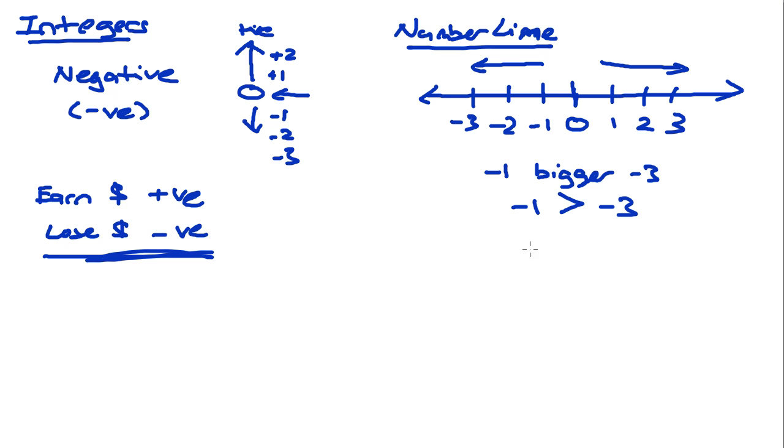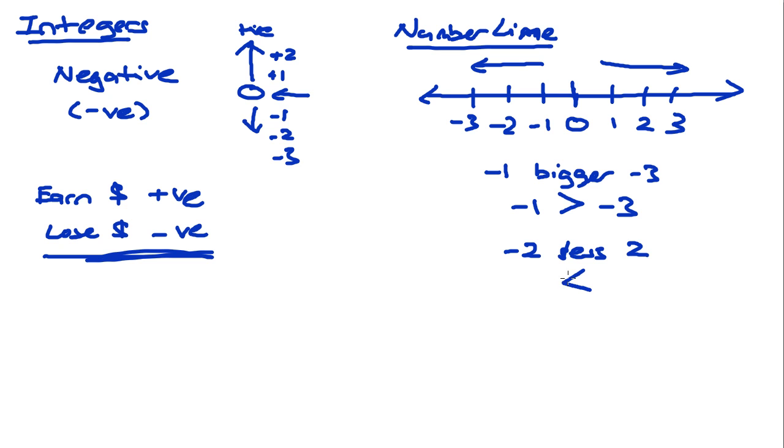Let's have another example. What is the relation of -2 and 2? -2 is on the left of 2, so -2 is less than 2. In mathematical signs, we use this symbol pointing to the left.